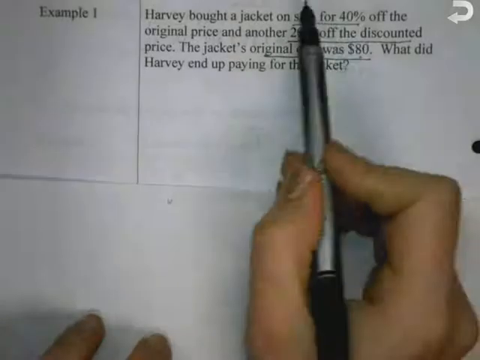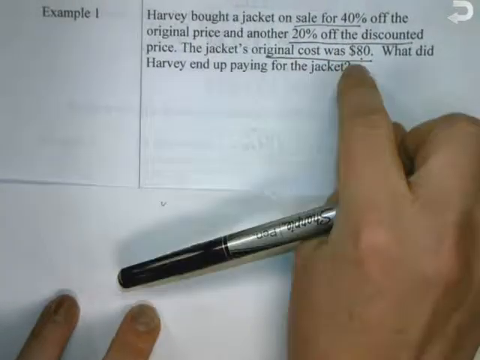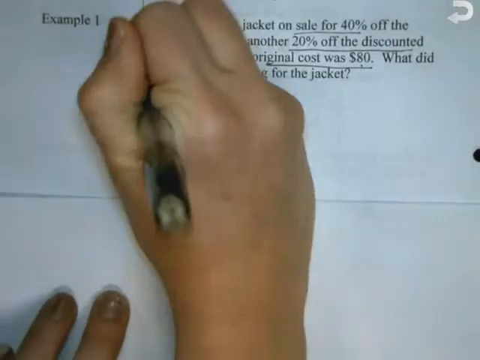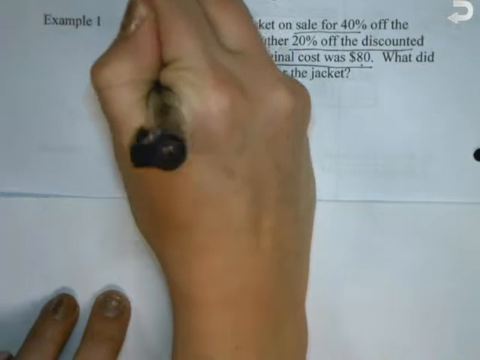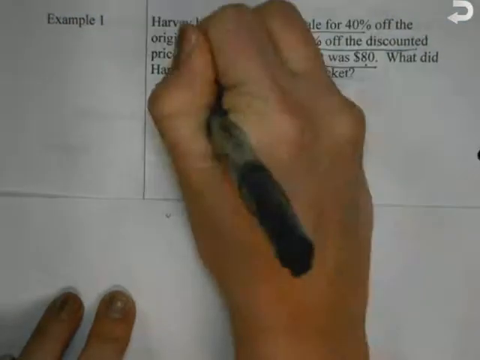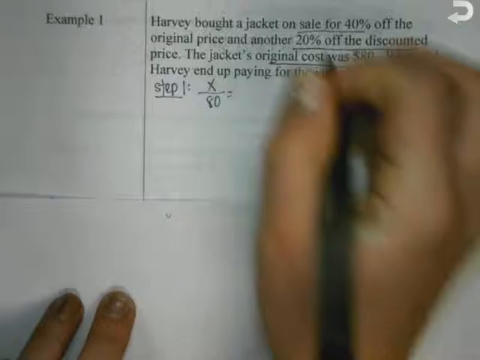$80 and 40%, right? So let's set up a proportion. I'm going to label these step 1. So that's going to be x over 80 equals 40 over 100.